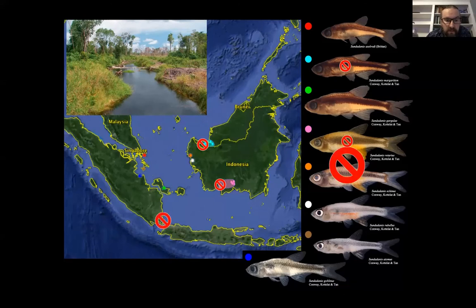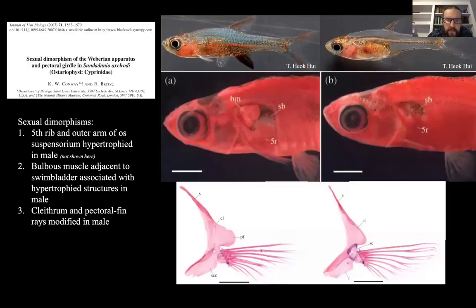And that might be the case for Sundadanio gargula on Banka Island. I don't know that for a fact, but these fishes are found nowhere else, and these habitats are rapidly disappearing. And it's sad that they're disappearing because we're also robbed of an opportunity to find out more about them.